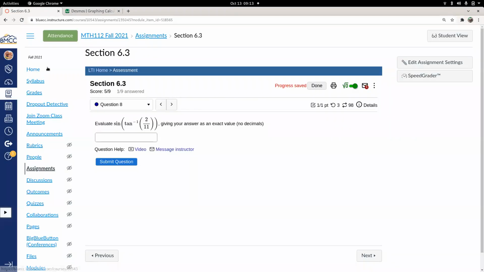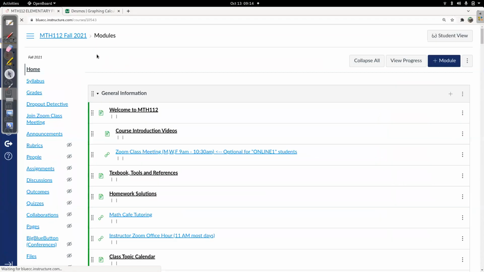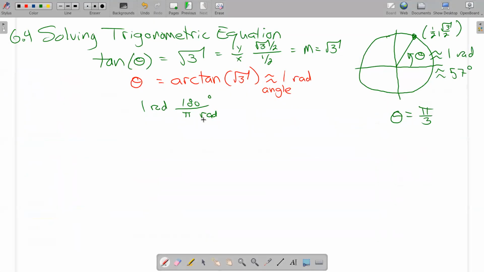Now, if I think about that slope here of square root of 3, that line actually keeps going in either direction, right? So I could extend that line this way.